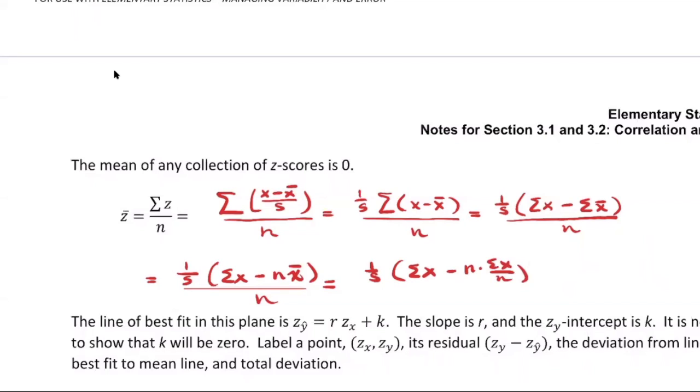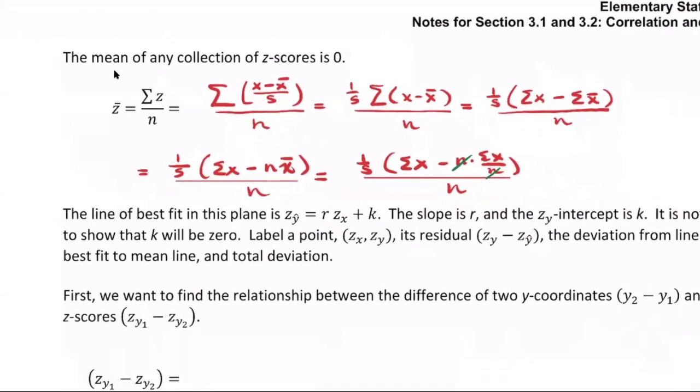And now maybe you can see it. Dividing by n, those n's cancel, and in the numerator you have the sum of x minus the sum of x. And of course, that's 0. So the statement is that if you average z-scores, you always get 0.